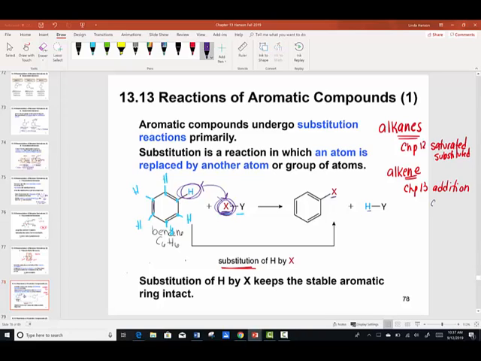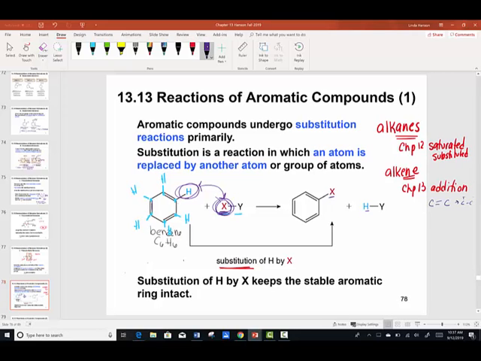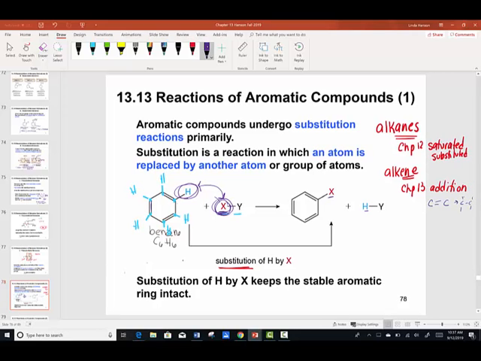Now remember, addition reactions take a double bond and turn it into a single bond, adding all 4 bonds back to the carbon. That's what we focused on with alkenes. And we did addition reactions using hydrogen, using halogens, using a hydrohalogen, and we hydrated with HOH. When we break a double bond and turn it all back into single bonds, we have addition reactions.